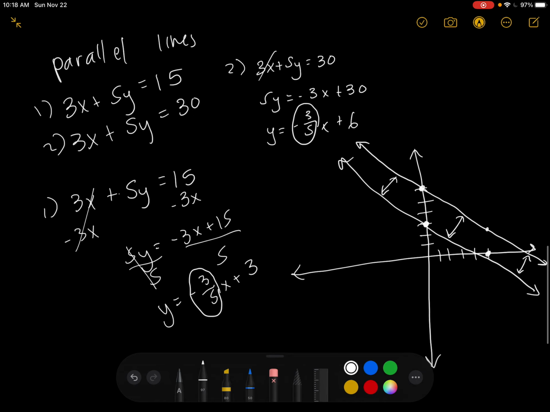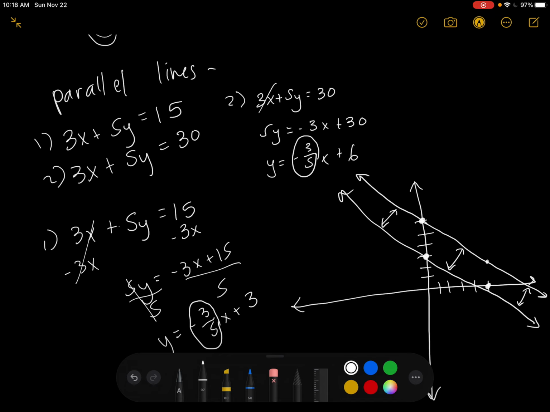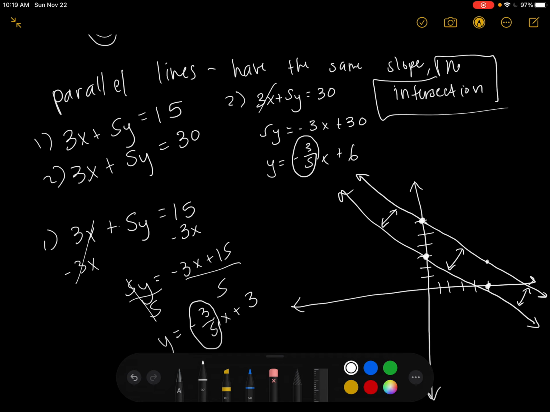So if you ever see parallel lines, or you see a system of equations and you notice they both have the same slope, then you know that they have no intersection. So that would be your answer for this system of equations. Say no intersection point, they're parallel lines, it's not possible for them to ever cross.